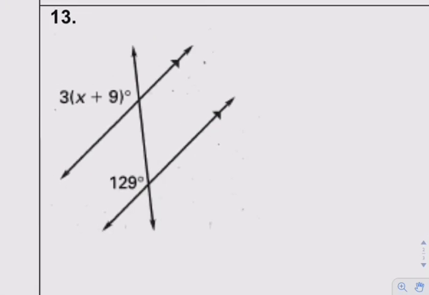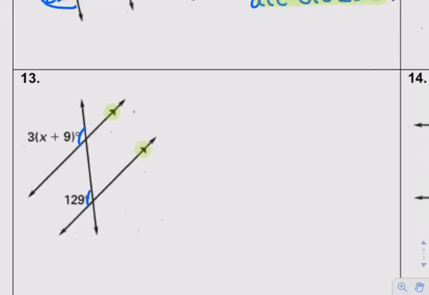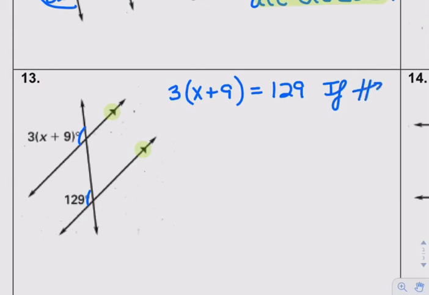Okay, this one also doesn't have y. We do have parallel lines, which again are necessary in order to say that these angles are congruent. Why are they congruent? Well, we will know that their measures, 3 times the quantity x plus 9, will equal 129 because if parallel lines are cut by a transversal, then what are those?